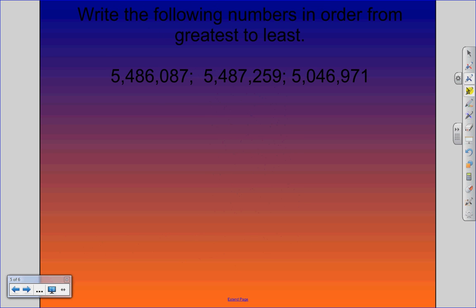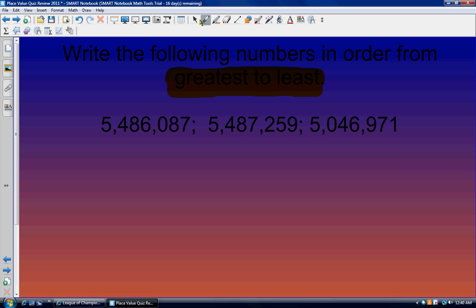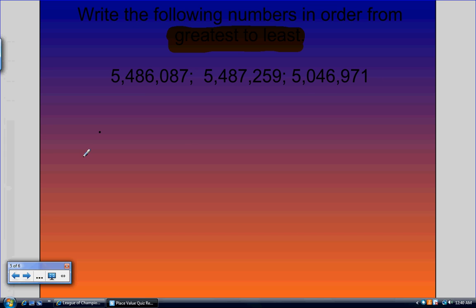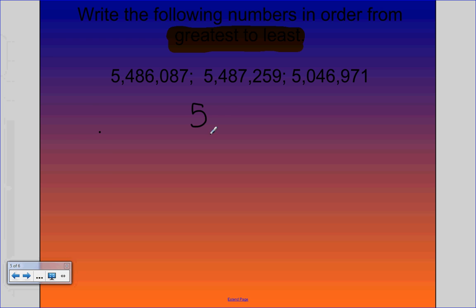Alright, slide 5, here we go. Reading the directions first to make sure that we know what we want. Write the following numbers in order from greatest to least. Oh, let me get my writing pen back. Alright, here we go.